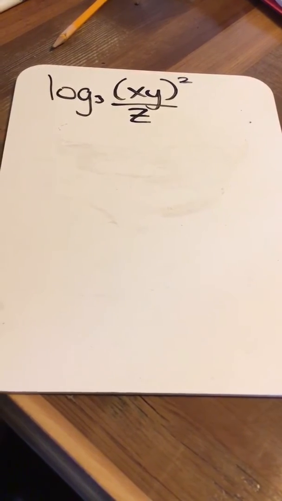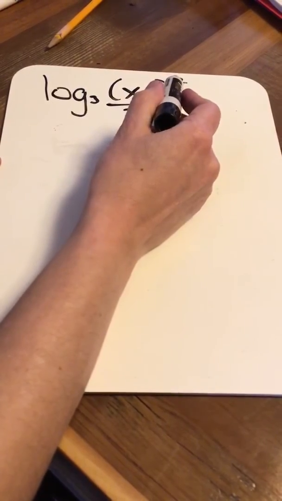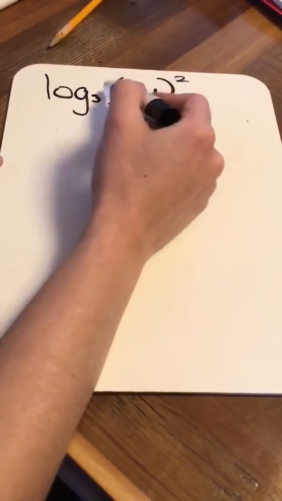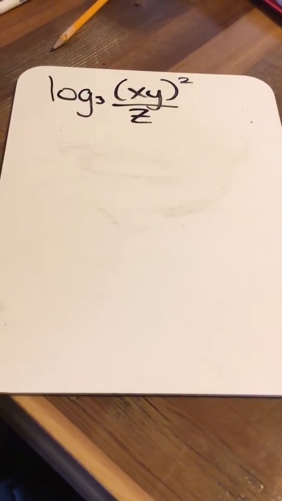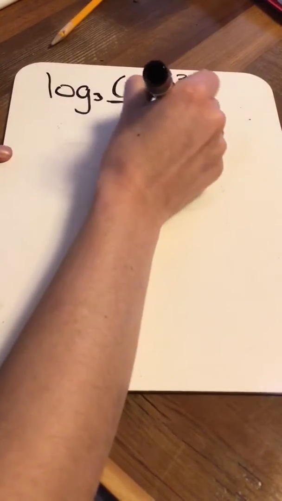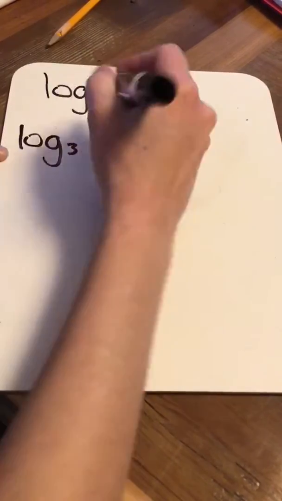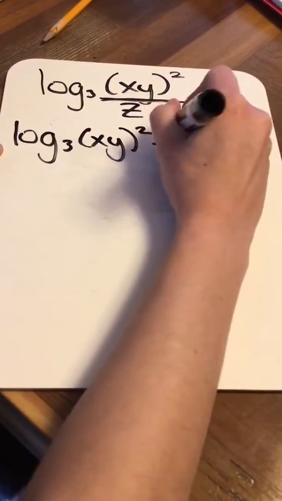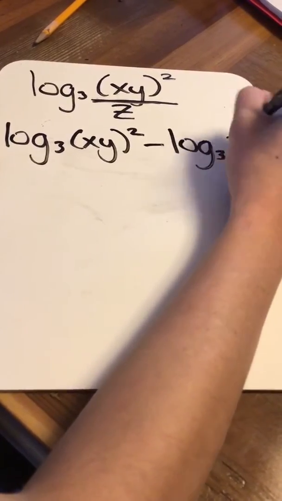So the first thing I'm going to do is I'm going to notice that I have a squared here, but this squared is only on the x and the y because it's on these parentheses here. It does not cover the z there. So I'm not going to worry about that yet. I'm going to go ahead and break apart this division. So I'm going to say log base 3 of (xy) squared minus log base 3 of z.